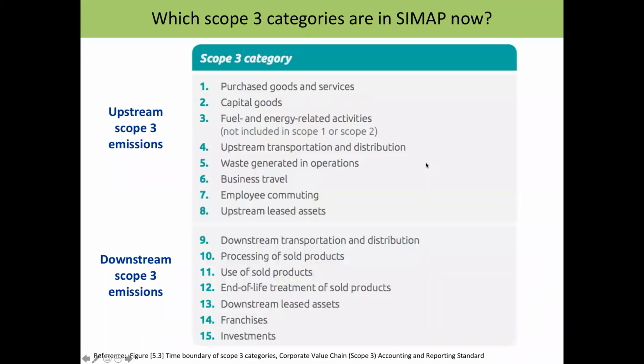So which of these Scope 3 categories are already in SIMAP? So this is a comprehensive list of all of those Scope 3 categories in the Greenhouse Gas Protocol, organized into upstream Scope 3 emissions and downstream Scope 3 emissions. So the categories that we have already fully accounted for in SIMAP are these three: waste, business travel, and employee commuting.